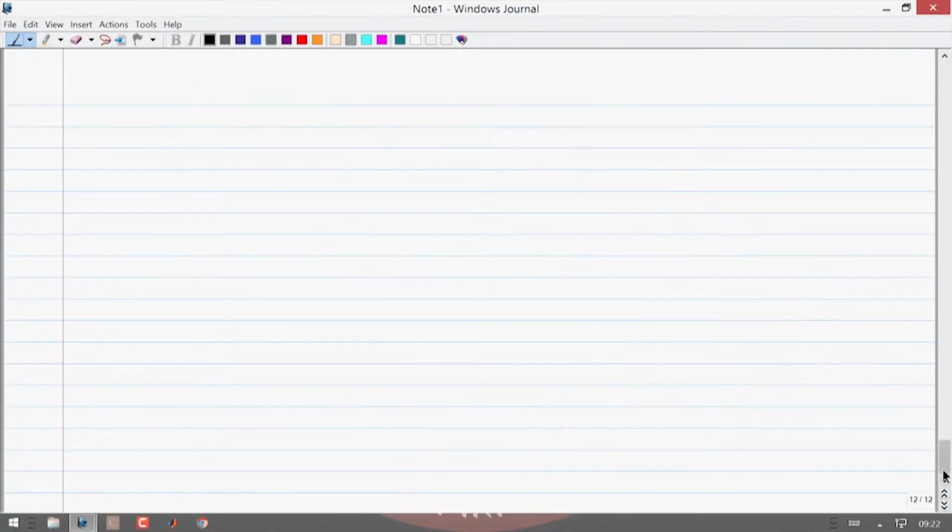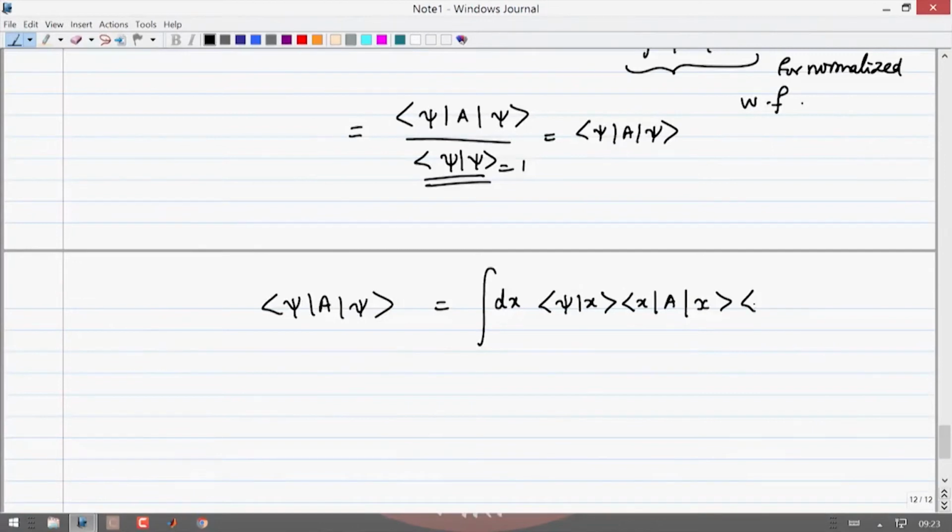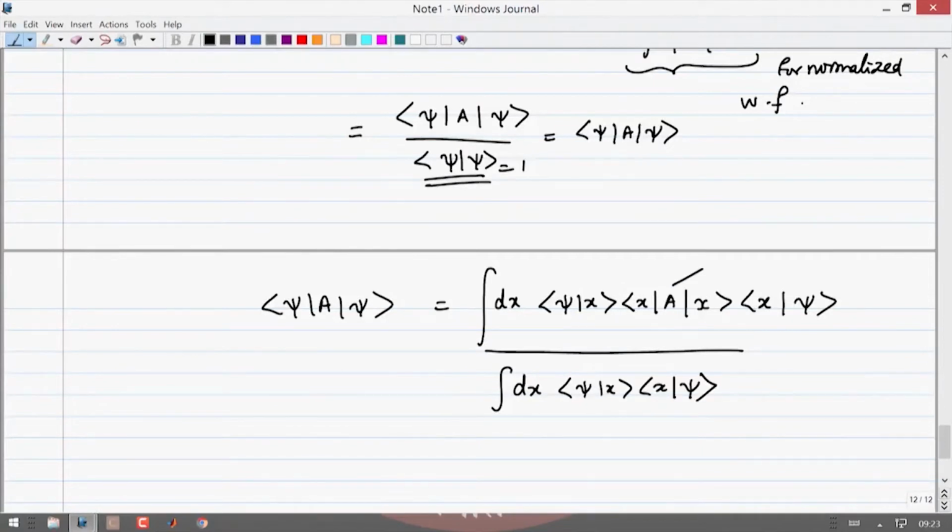Now you can see immediately that if we write this quantity psi A psi using our notation of the configuration space, this integral is dx psi x, x A x, x psi, divided by integral dx psi x, x psi. These operators are called local operators.